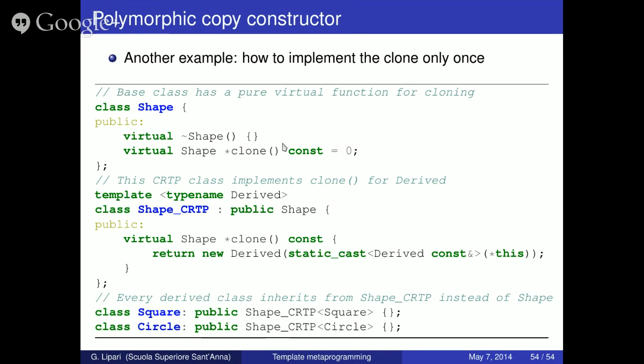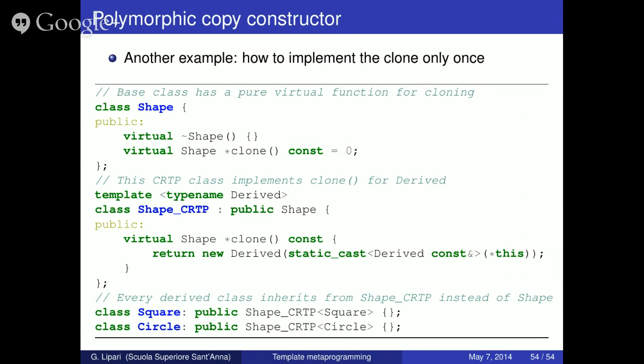Now, when you do this, you have to write one clone per each derived class, because in the clone you have to do the new with the actual type. Now, this is a little bit annoying because you continue to repeat the same code everywhere.